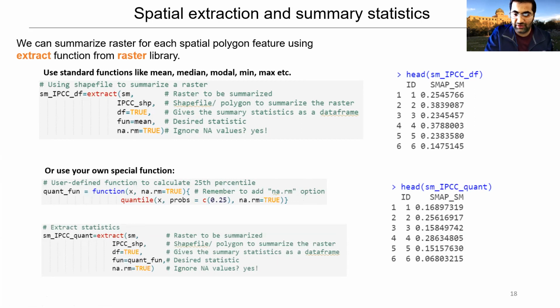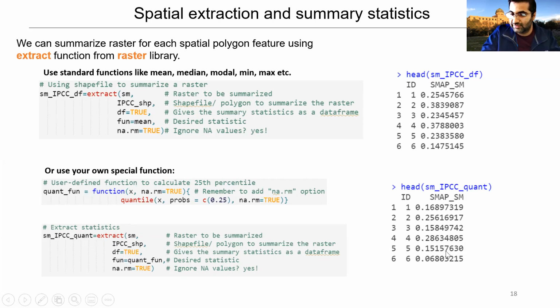I use this function, quant underscore func, instead of mean that I was using previously. By using this custom made function, it will find the 25th percentile of the data within each spatial polygon, and the output will look like what we have on bottom right.